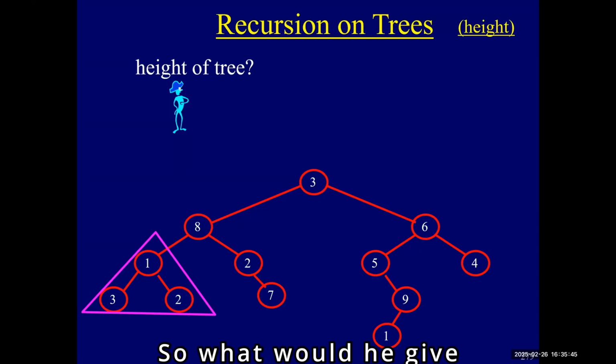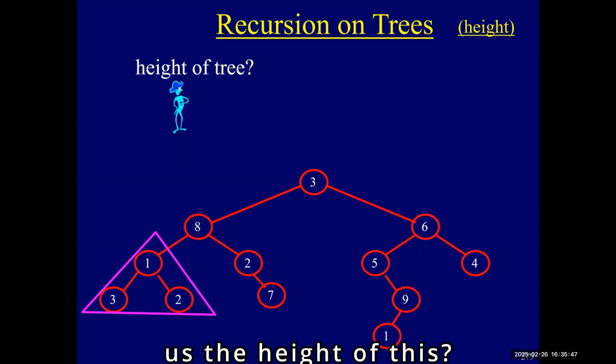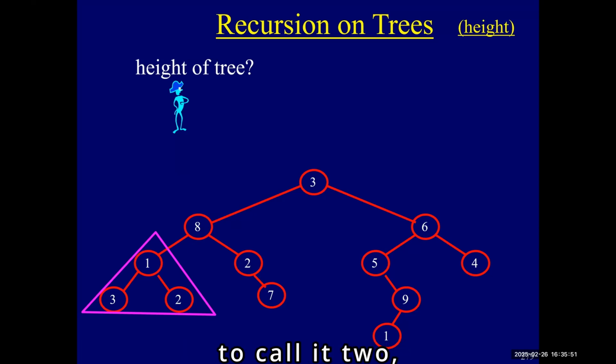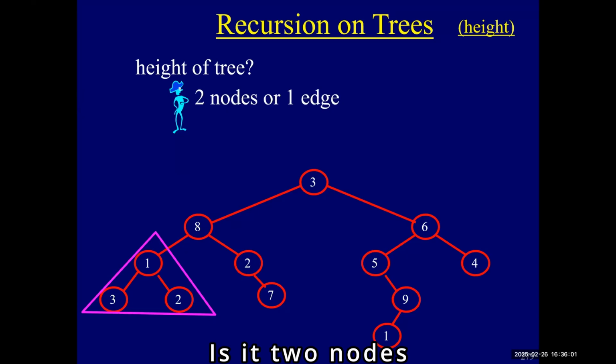So what would he give as the height of this? Maybe he would give 1. But I'm also willing to call it 2, because there are 2 nodes. Are we counting nodes or are we counting edges? Is it 2 nodes or is it 1 edge?